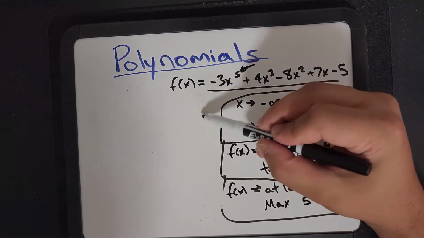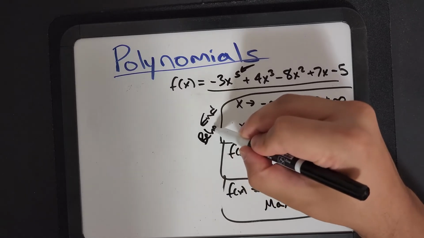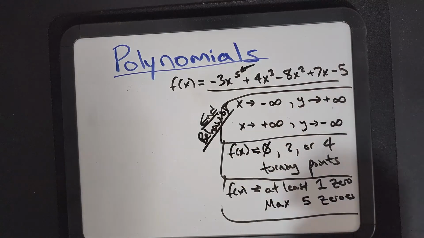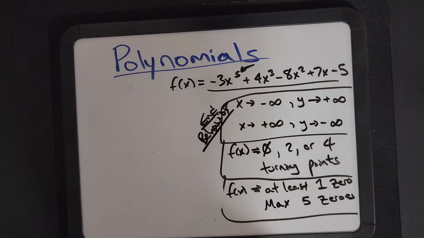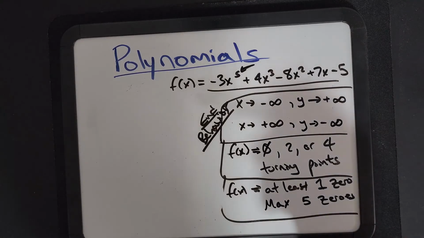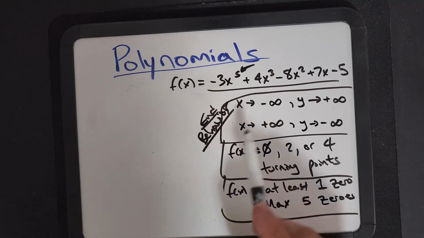And behavior, this is what we did here, to see what happens when x goes to negative infinity and positive infinity. We also want to look at the leading coefficient, the negative that we have here. That has an impact on the behavior.